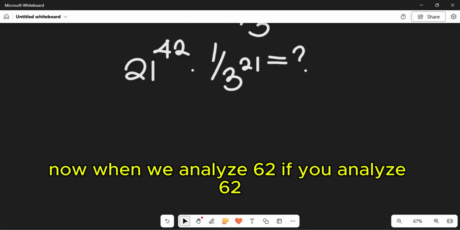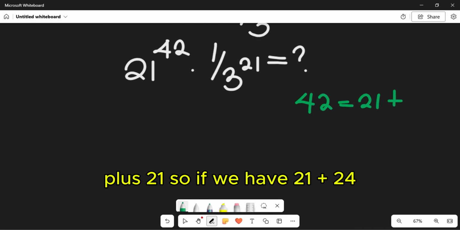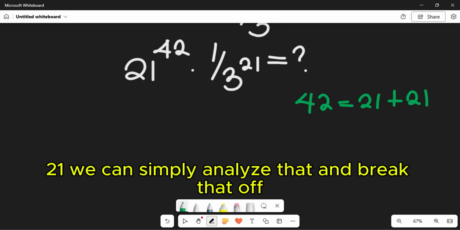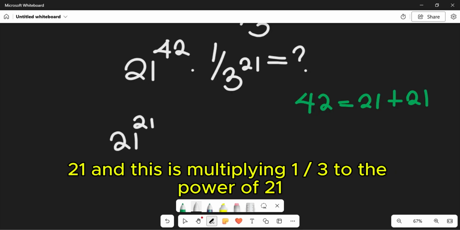If you analyze 42, you're going to see that 42 is simply 21 plus 21. So we can break that up, and this will give us 21 to the power of 21 plus 21, multiplied by 1 divided by 3 to the power of 21.